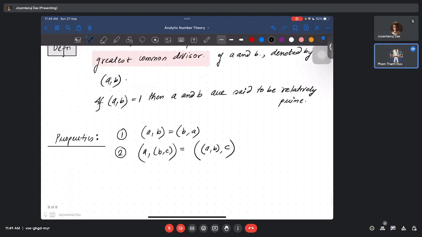Let's see the greatest common divisor of three numbers. We can check this with the previous example: we have 192 and 78, and their GCD is six.